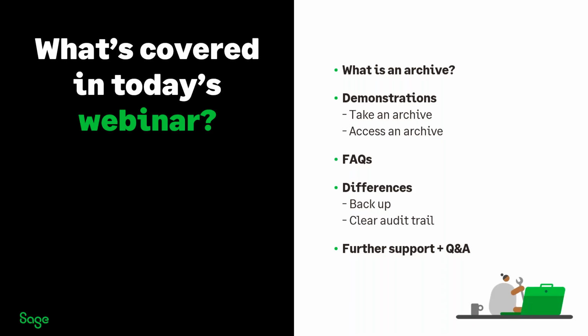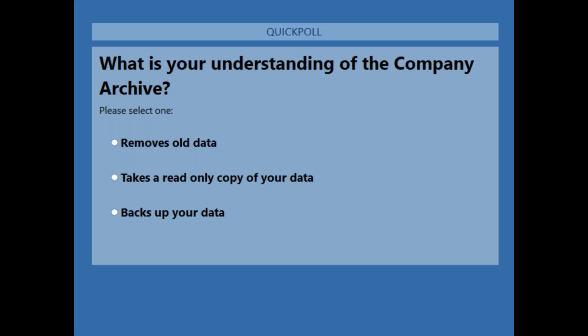Now I just want to launch a quick poll on your screen there. I'm just wanting to know, what is your current understanding of the company archives? What does it do? Does it remove all data, take a read-only copy of your data, or does it back up your data? So all you need to do is pick one.